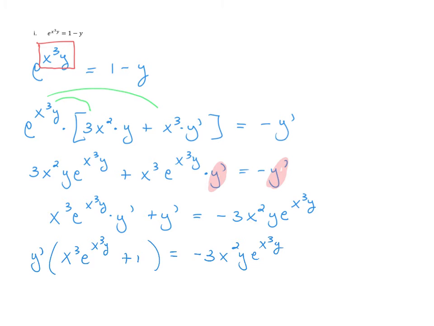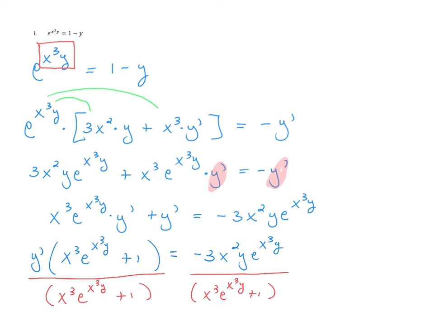Actually, I'm going to write the divided by part. So I'm really dividing both sides by this. I'm running out of room for it, but I'll put it up here.